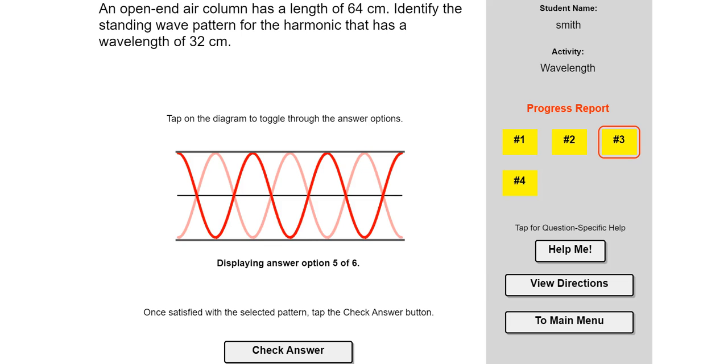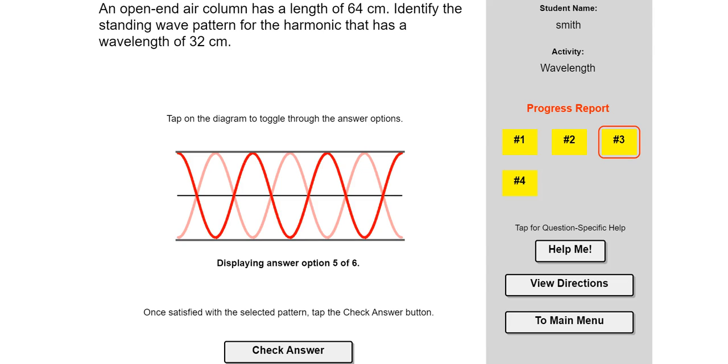Now, if the wavelength is 32, that means half of a wavelength is 16. Now, if half of a wavelength is 16, but the column is 64, that means there must be 4 half wavelengths, 4 16s fit into the 64.